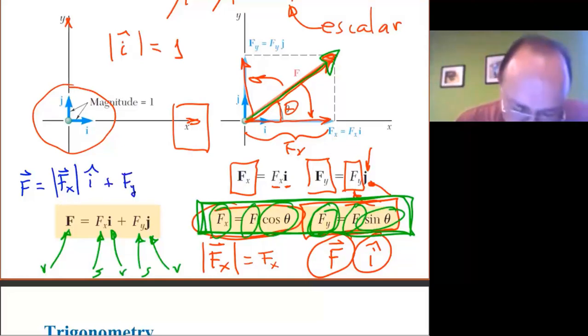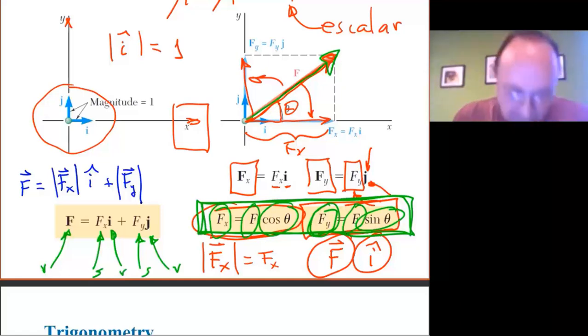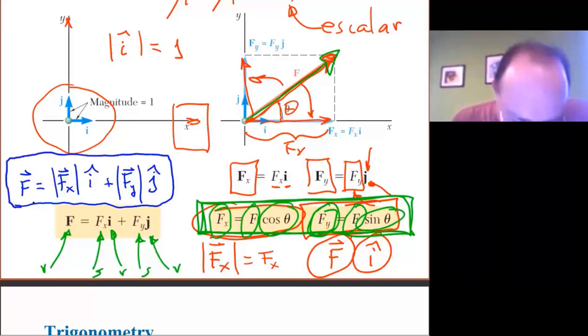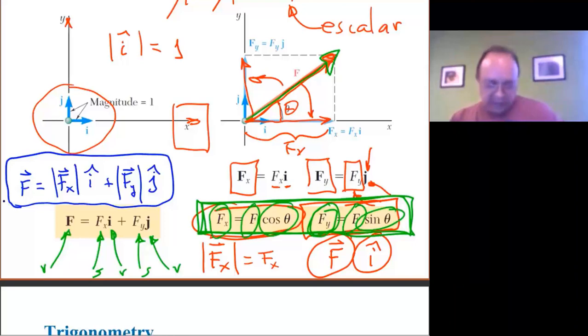But if you want to be sure that everybody understands what you mean, you say this is a vector, but I am taking the magnitude by putting those bars there, multiplied by the vector j. This will be the best way to be very specific, no confusion, an equation of vectors and scalars together.